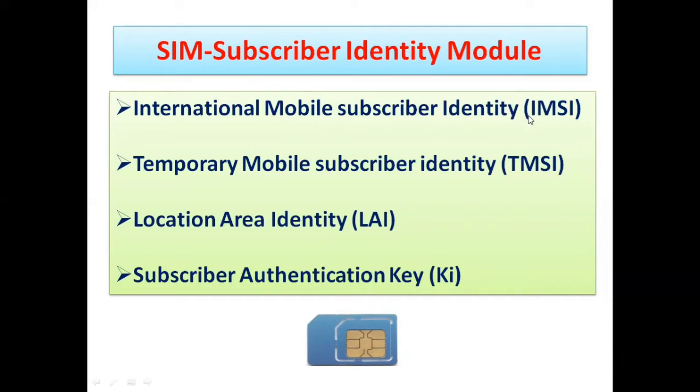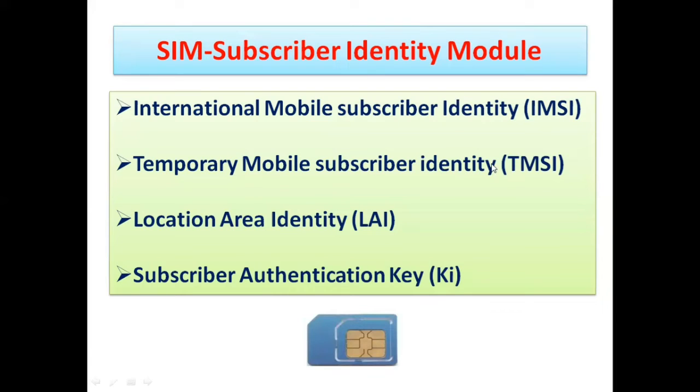This unique identity is used by the network through the HLR. It is verified only when user validation is required. Otherwise, the network will only make use of the Temporary Mobile Subscriber Identity. This TMSI periodically gets changed, whereas the IMSI is fixed to that particular user.